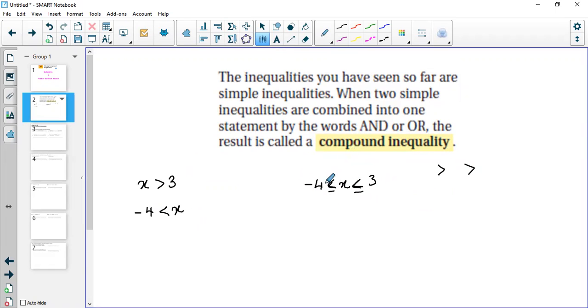And the word and will be used, and the word or will be used. If you're using the word and, your compound inequality will look like this. If you're using the word or, that means they will be treated as two separate inequalities. When we go on solving the questions, I will show you what these are.